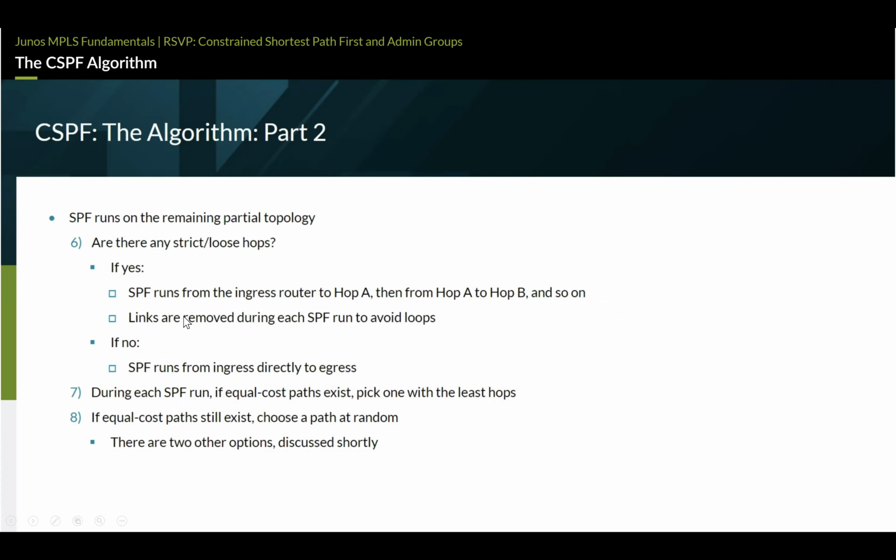When you configure strict or loose hops, links are removed during the SPF run to avoid loops. If no, SPF runs from ingress directly to egress. During the SPF run, if an equal cost path exists, pick the path with the least hops. If an equal cost path still exists, choose a path at random.